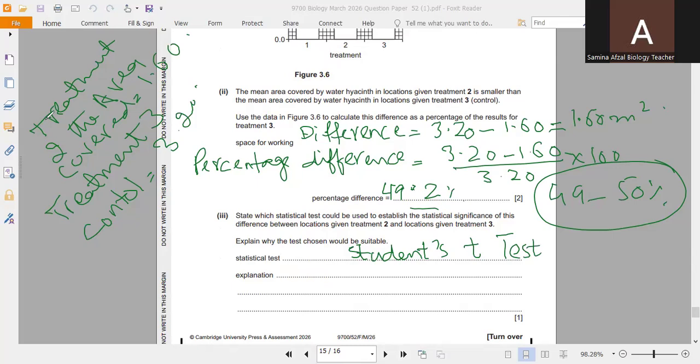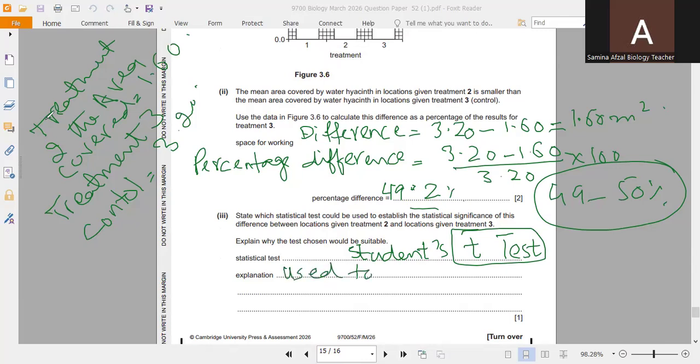This is the answer. Now the explanation: the t-test is used to compare the means of two independent categorical groups with continuous data. I'm going to write the same as I have told you.